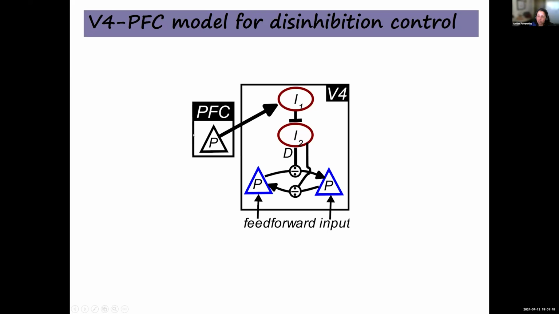But if the prefrontal cortex activity is high, then the circuit might be in more of a recurrent mode. But this again is a speculative model. We're still trying to analyze our data and trying to understand if we can sort of relate the various waveforms to the kind of correlation that we see based on the modulation of prefrontal cortical activity.